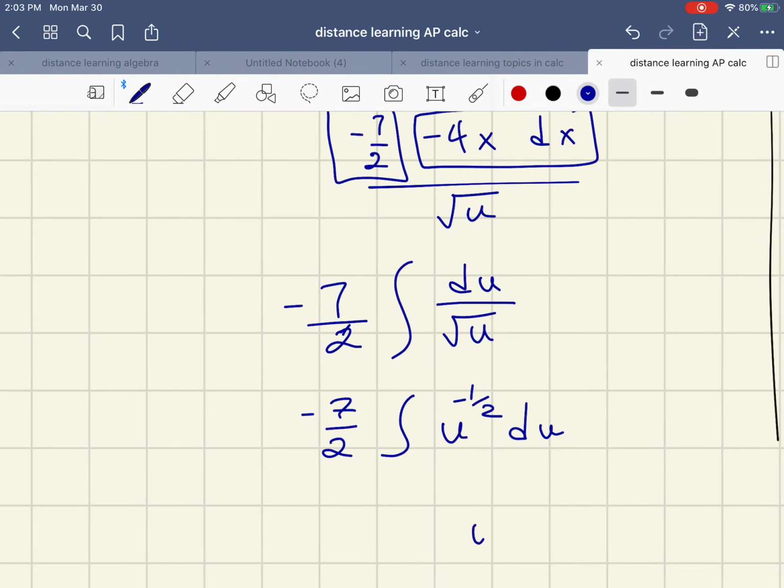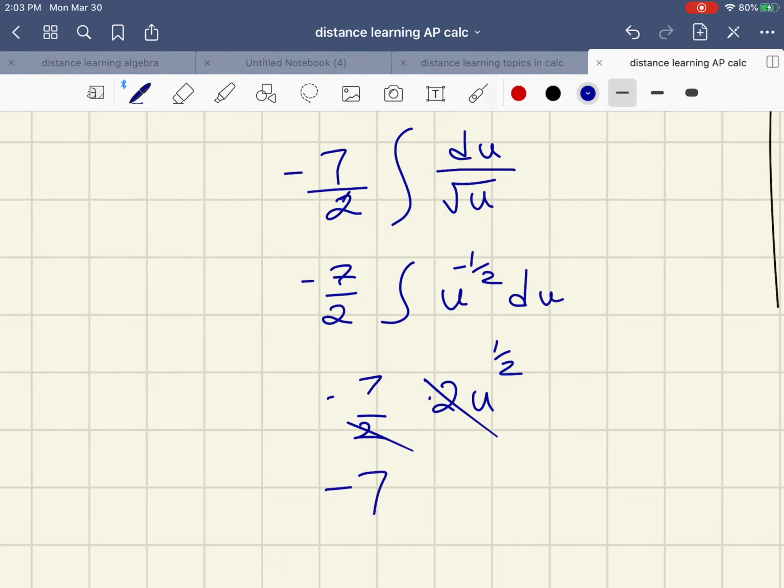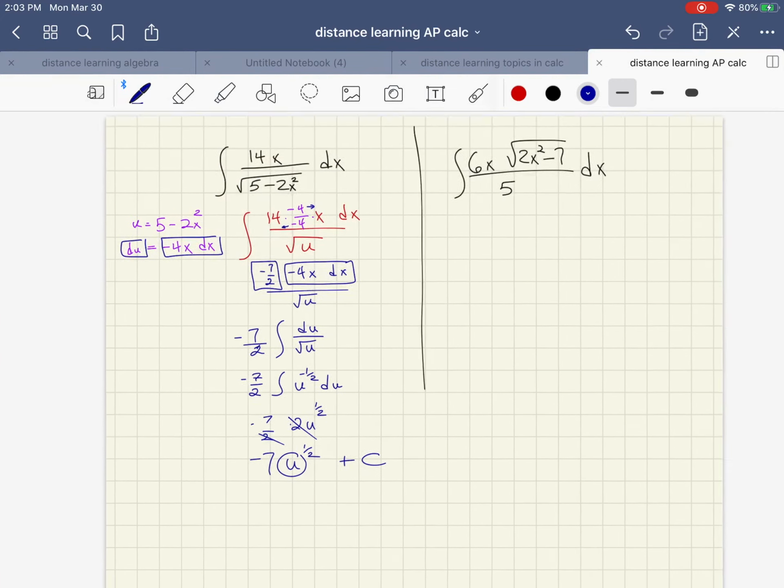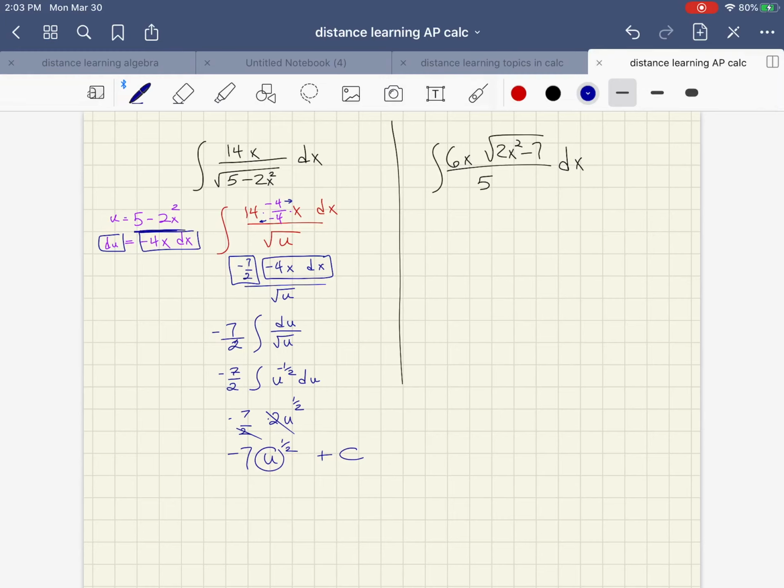Integrating, go up by 1. Divide by a half, which is multiplied by 2. The 2 from the coefficients, canceling the 2 there, and I get negative 7 u to the half. I'm going to plug in my original u, so I get negative 7 parentheses 5 minus 2x squared to the 1/2 plus c. Done.